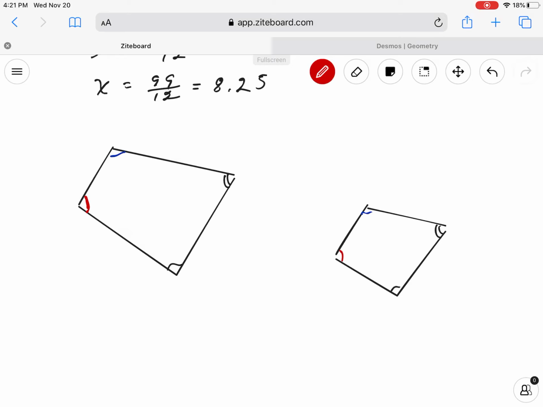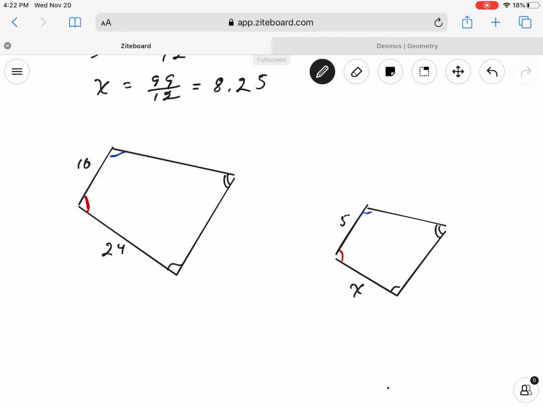Since I have angles in similar positions that are congruent, I can say that my figures are similar. This one has a side of 10, this one has a side of 24, this one has a side of 5, and this one has a side of x. I want to know what x is.